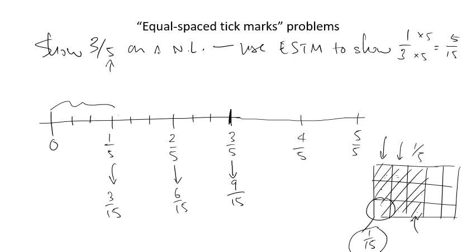Or we could come down here and look at our rectangle. So this was my 1/3, which I can count to be 5/15. So I can see from the model that the 1/3 is 5/15. I can see from this algorithm that it's 5/15.